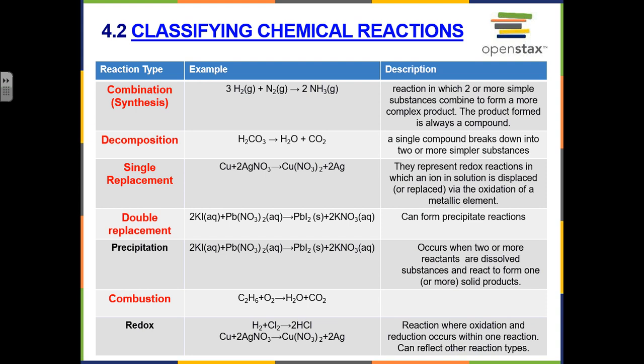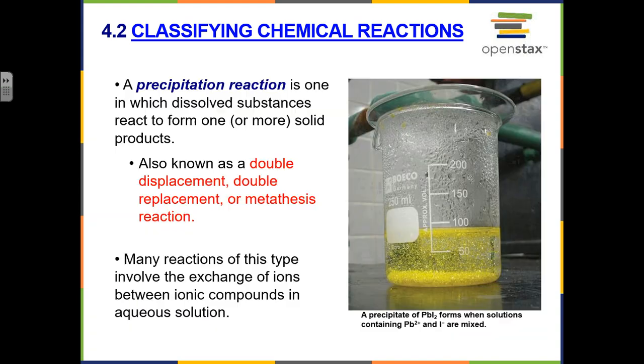The idea of a redox reaction stems from one material going through oxidation and one material going through reduction. As highlighted by the examples here, there are various representations of how a redox reaction can ensue, whether it be a combination, a decomposition perhaps, or even a single replacement.